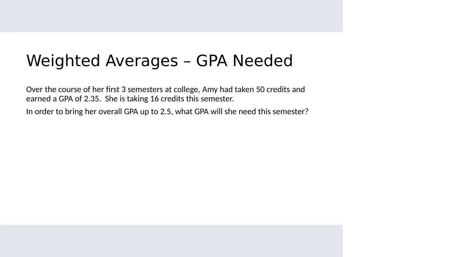So let's see, Amy's taken 50 credits and has a GPA of 2.35. Well, wait a minute. The way GPA is calculated, GPA is grade points divided by credits. So in this formula, if I know two of the three pieces, I can find the third piece.